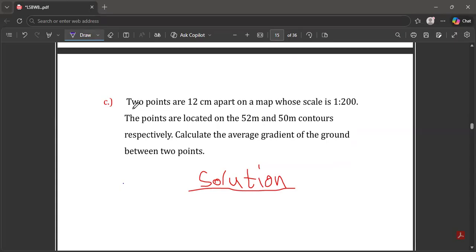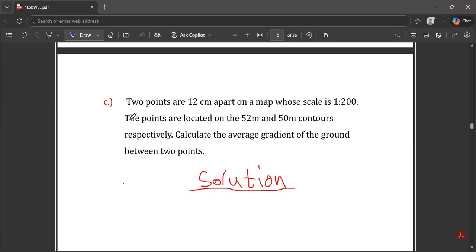The elevations: one point is on the 52-meter contour and the other on the 50-meter contour. It should tell you about something. And the question is trying to calculate the average gradient. If they say average, you should draw your mind to something. But we're going to work that out together.